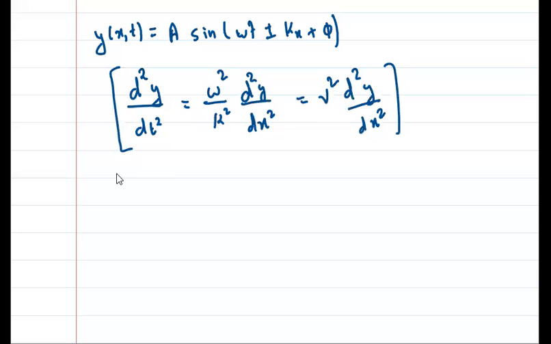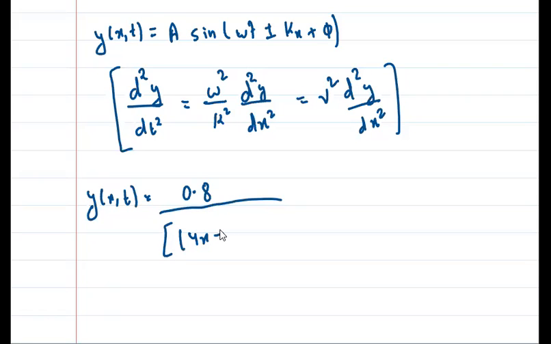Okay, so let's write one expression. Y, which is a function of x and t, is given by 0.8 divided by (4x plus 5t) whole square plus 5. This is a very famous question which is found in many books. Some of you might have already seen it.